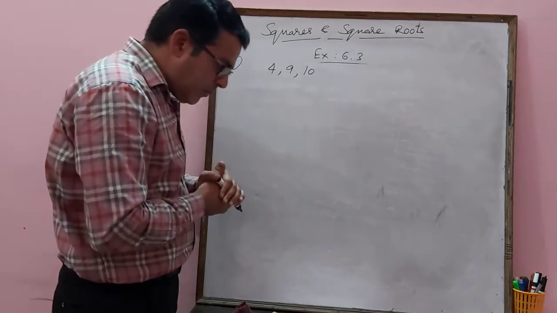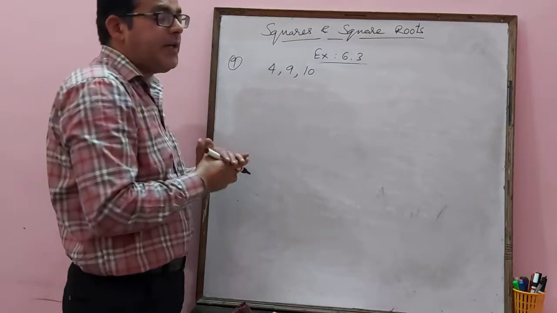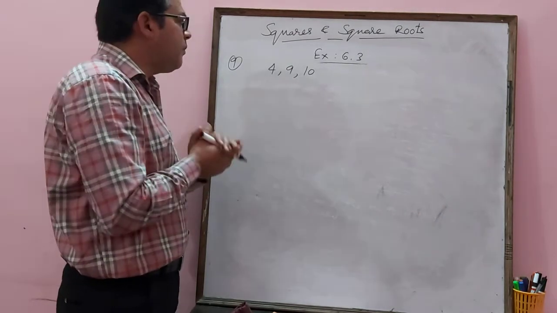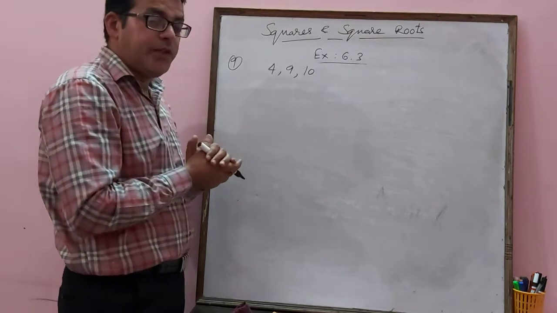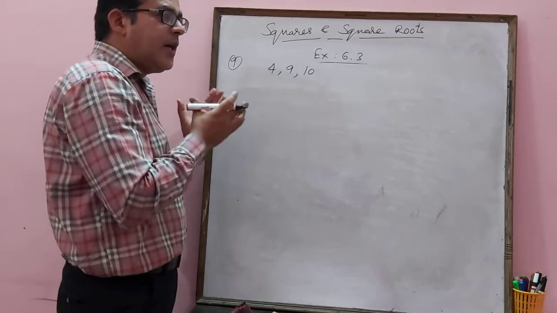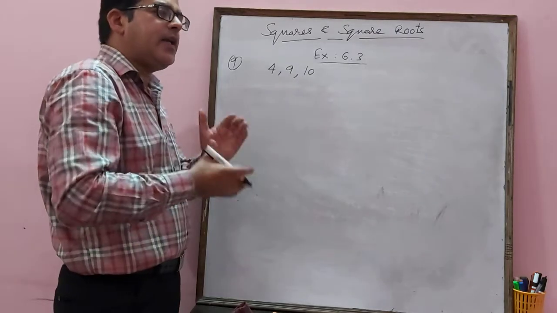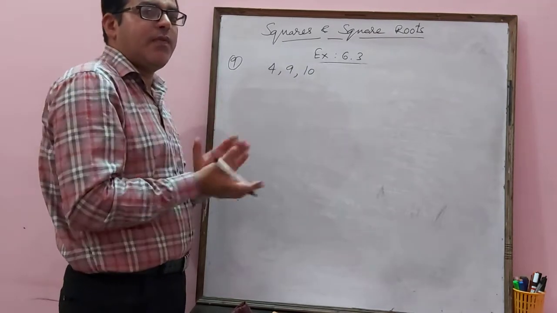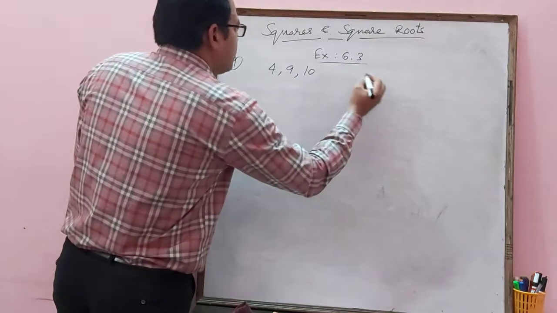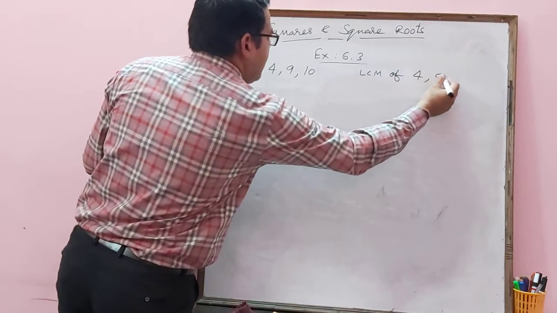Means a perfect square number which will be divisible by 4 also, by 9 also, by 10 also. How we can find such a number? So very simple. First you need to take LCM of these numbers. Right? We know that LCM is the number that will be divisible by all these numbers. And after getting LCM, we'll make that number a perfect square. It's a very simple thing. Now, what to do now? So, first take LCM of 4, 9 and 10.